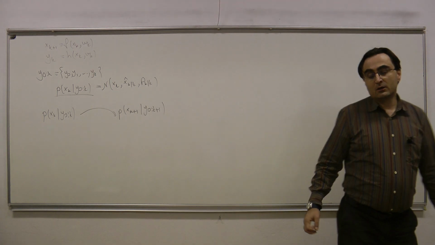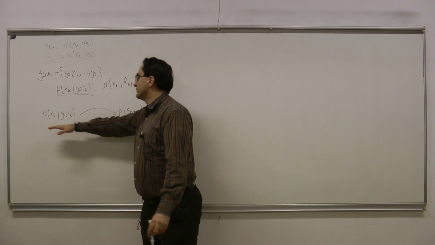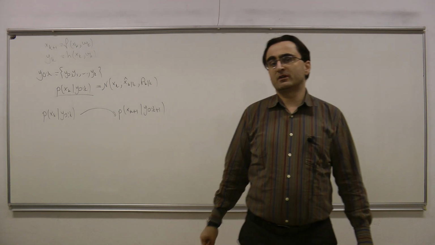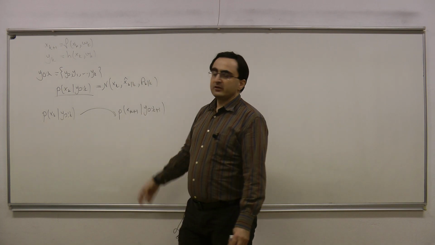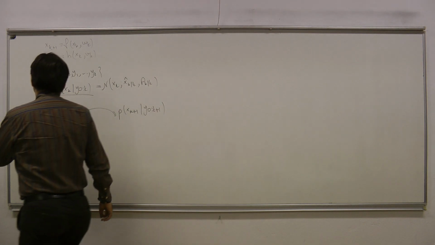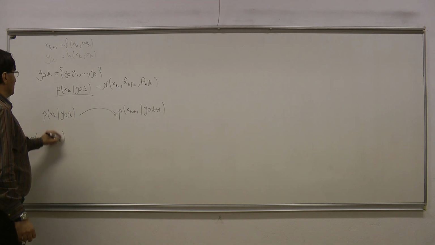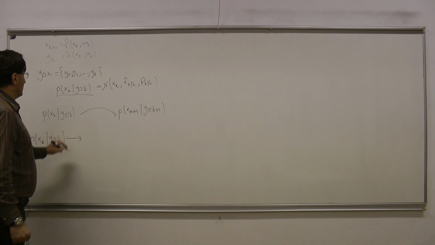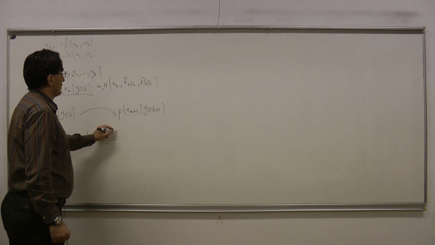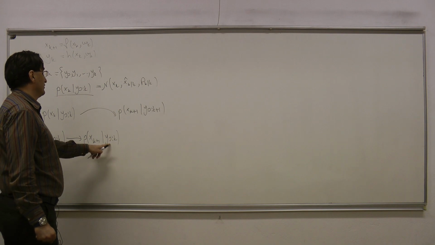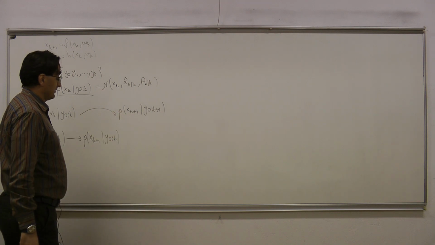In general, calculating this distribution from this distribution requires some rules in probability density functions. And usually we go from this density to this density in two steps. The first step is to advance time, not the measurements. So the first thing that we do is to calculate p(x_{k+1} | y_{0:k}). When the measurements from time 0 to k are known, we calculate the density of the next state.